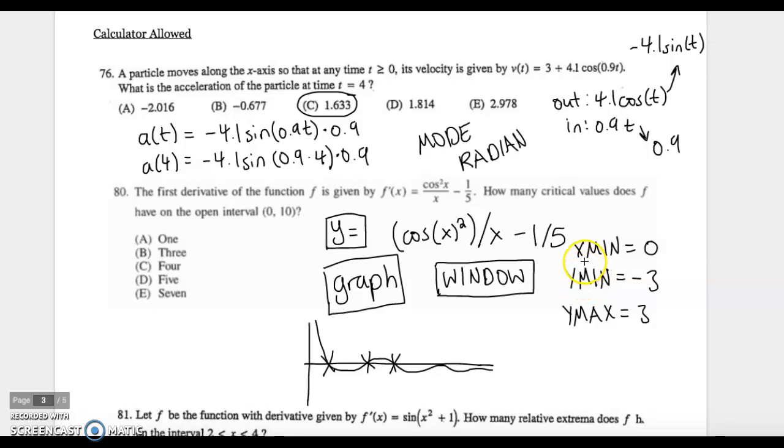When I do that on my calculator, let's see what it does for me. Yep, it actually doesn't touch here. So we would say that there are only going to be 3 critical values of this graph. So b equals 3. We'll work more with calculators and practicing finding these pieces, but I just thought I'd introduce them at least a little bit.